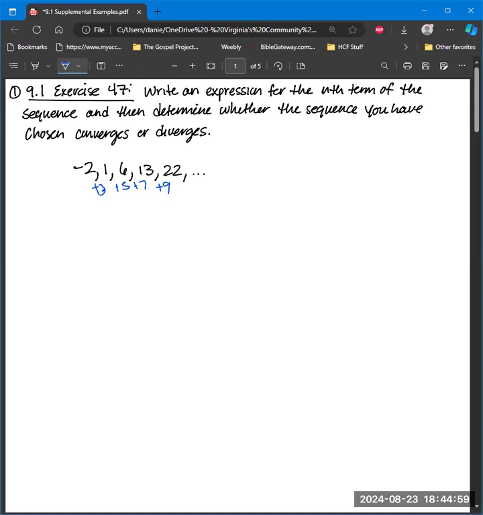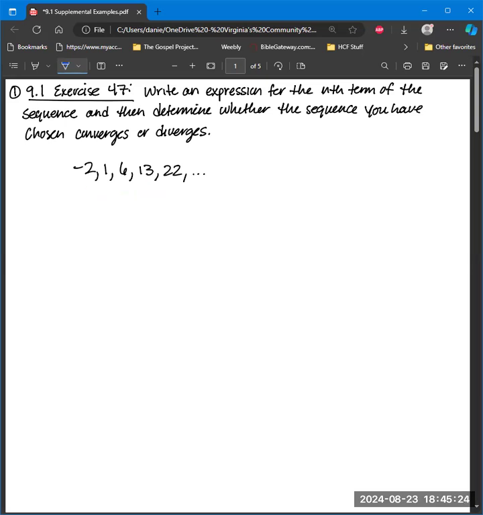So that's one way that we can think about it, but let's try something else, because while that might work, that's not an easy sequence for us to write right now.